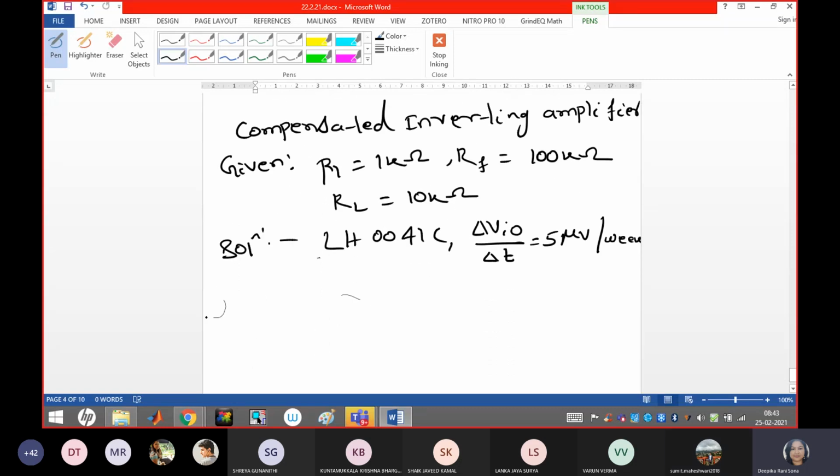Guys, here it has given in terms of month, change in month. So determine the maximum possible change in the output offset voltage after 1 month if the op-amp is LH0041C. Okay. So here some data are given. Del VIO by del T is 5 microvolt per week. Some other data are also provided.